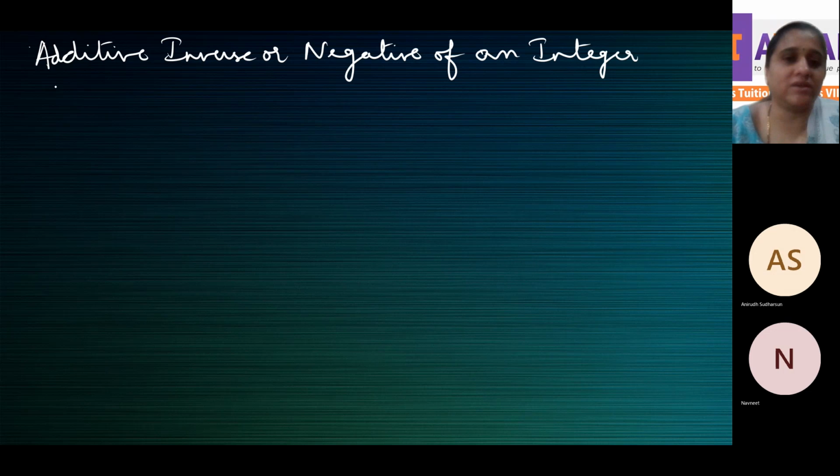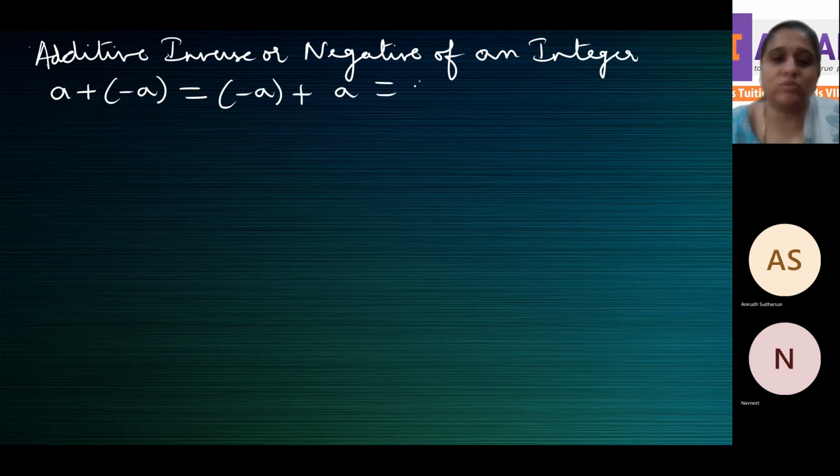So in general, we say a plus minus a is the same as minus a plus a, which is equal to 0, where a and minus a both are integers.